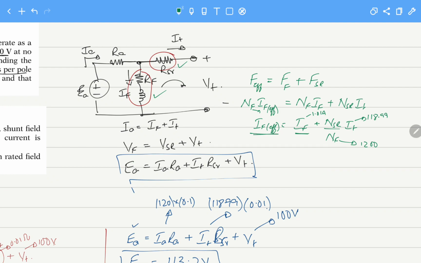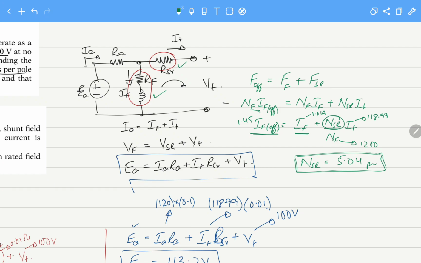We know the effective field current is 1.45 amperes. So we can calculate the number of series turns, which will be approximately 5.04 per pole. So this will be the number of series winding turns if they are present in the machine.